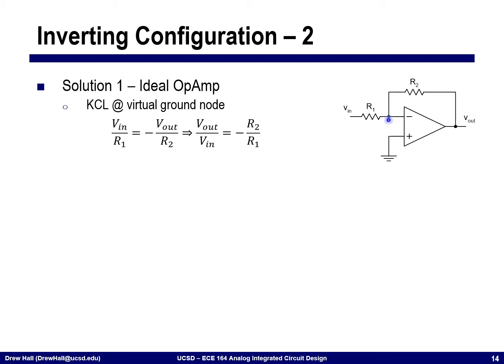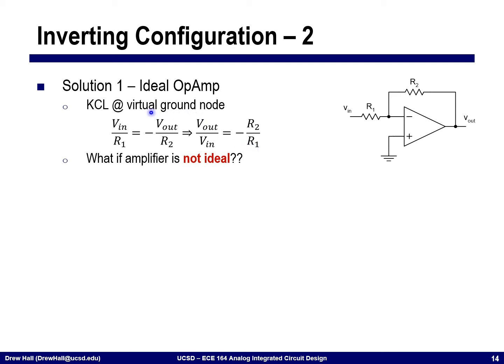The simplest thing here is just to do KCL at this virtual ground node. I would say that current is flowing out of R2, and current is flowing into this resistor R1. And so I would get that the closed loop gain, Vout divided by Vin, is equal to minus R2 divided by R1.